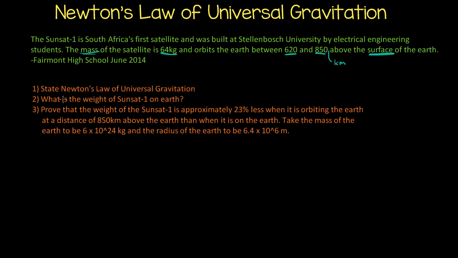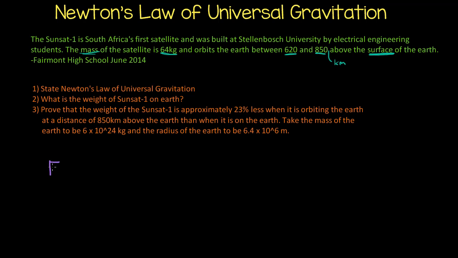Okay, so the first question is state Newton's law of universal gravitation. This is a really easy law to state because you can basically just write down the formula and then read off the formula. So we just get a different color here. See if this one stands out.